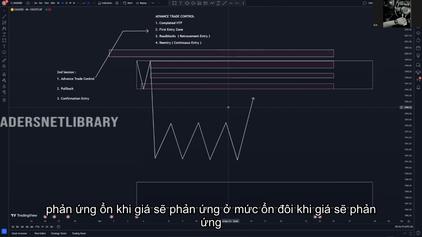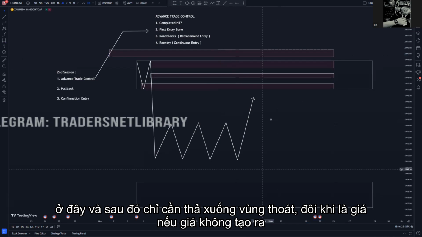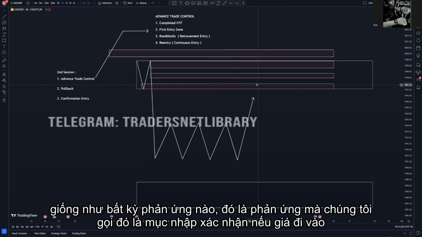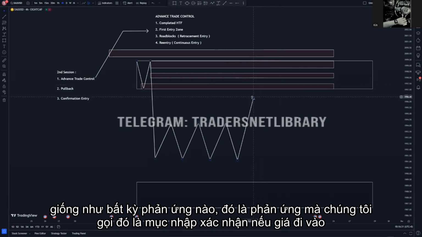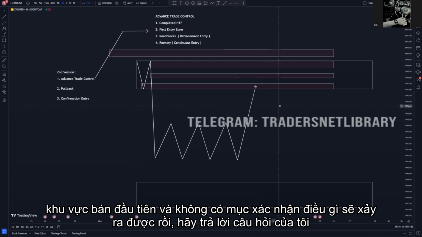Sometimes the price is going to react over here and then just drop down to the exit zones. Sometimes the price doesn't create any reaction, and the reaction we call our confirmation entry. If the price gets into the first sell zone and there is no confirmation entry, what will happen?